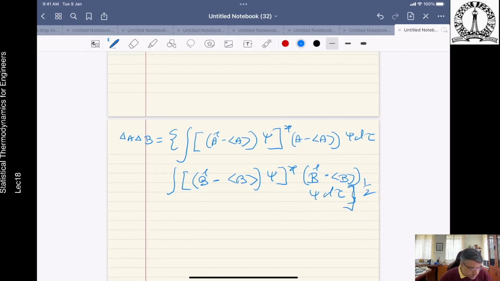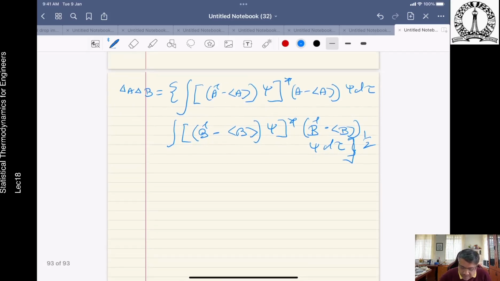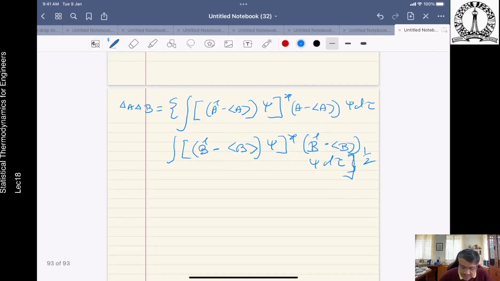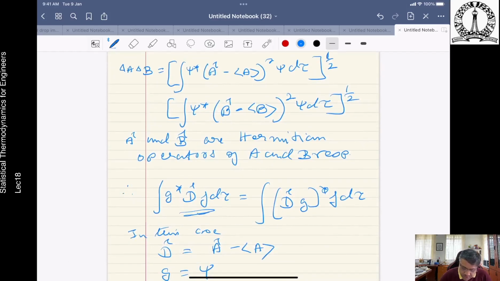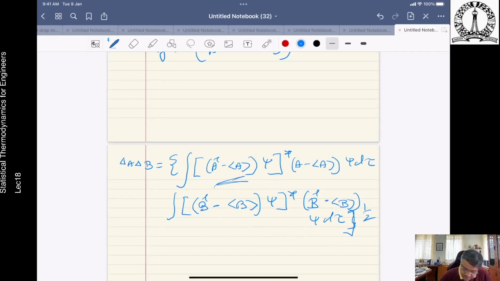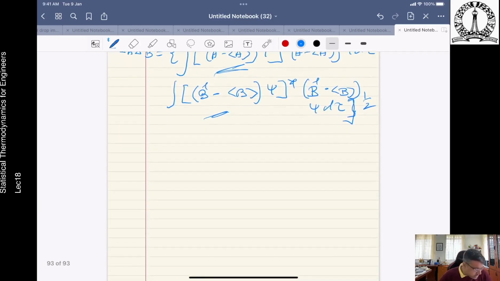So you got this expression. This comes by applying the Hermitian operator rule, right? We have just used this rule to go from here to here. Okay, so that's really nice.